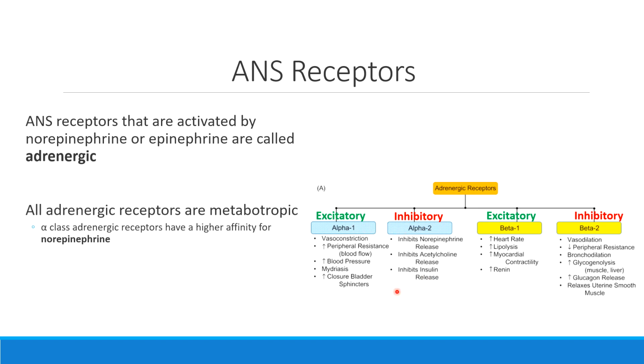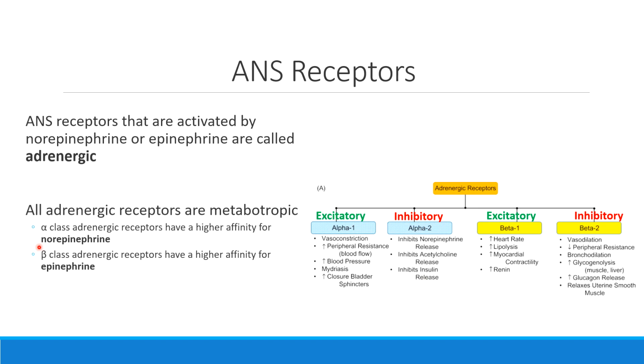There are two types of alpha adrenergic receptors, alpha 1 and alpha 2. Notice that the effects of activating an alpha 1 receptor with noradrenaline or norepinephrine are excitatory, whereas activating an alpha 2 receptor with norepinephrine is going to have an inhibitory response. So slight differences in their structure leads to the opposite kinds of effects when we spit out norepinephrine at these targets.